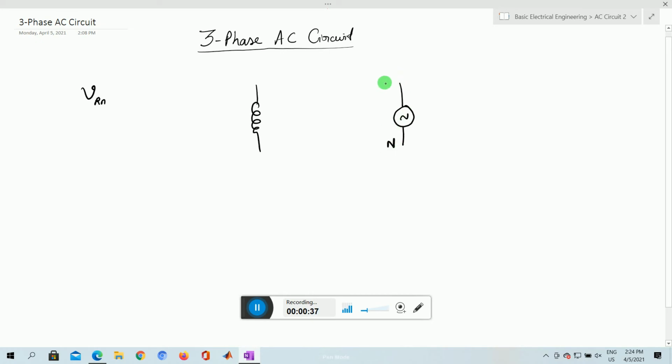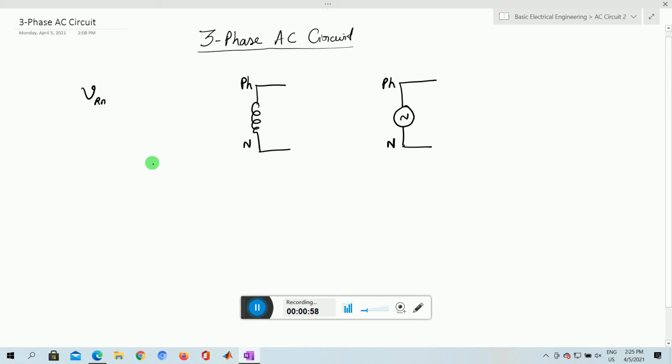This is the starting end, phase, and the end point is the neutral. We can represent this like this, or by a winding. Here we write phase and here neutral.